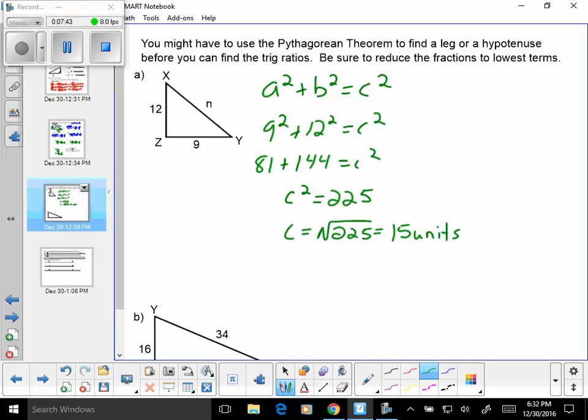Okay, we are going to work with angle x. Now here's our hypotenuse. We have found out that it's 15. This is my opposite. This side is my adjacent. Now remember, again, we're working with that SOHCAHTOA.